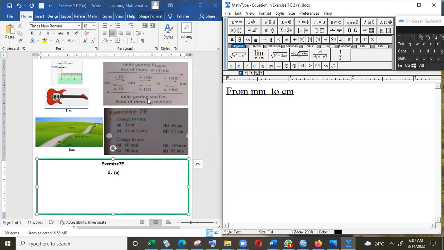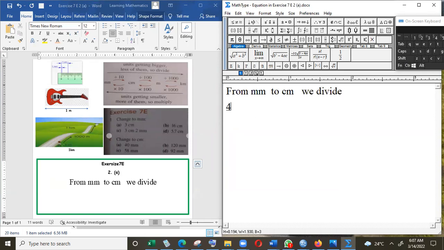The arrow has to be pointing to centimeter, but it's from millimeter. From millimeter to centimeter, we have to divide. We divide by 10.